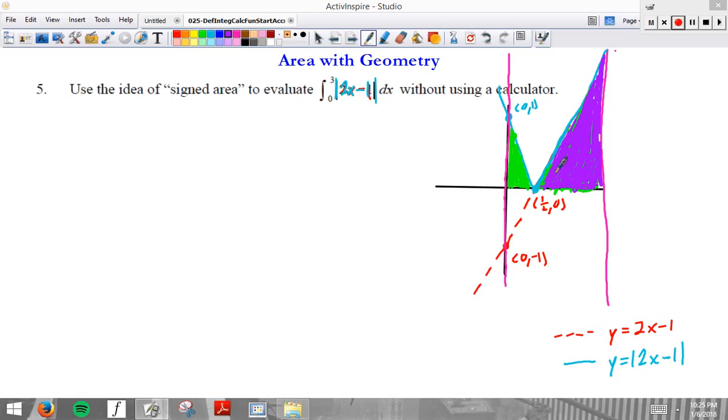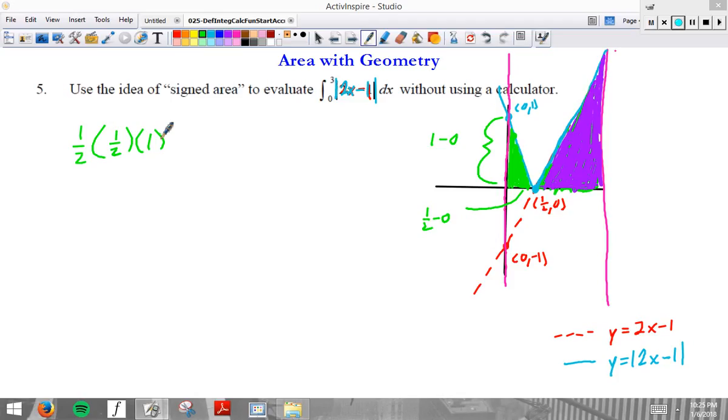So, this green triangle would have an area of 1/2 base times height. The base has a distance of 1/2, this x-coordinate minus 0. And the height is 1 minus the y-coordinate, that y-coordinate.